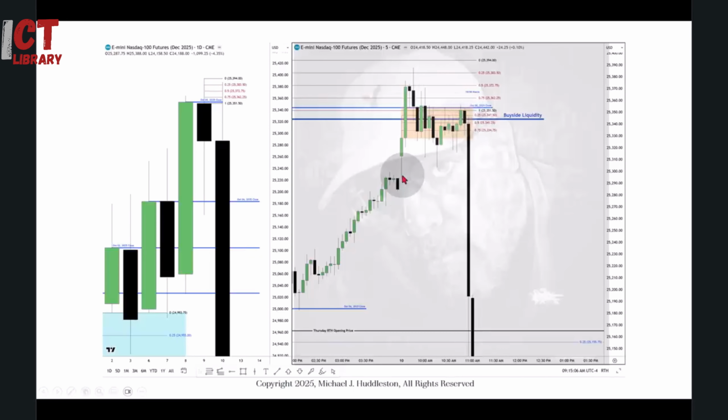Really? Inversion fair value gap. Failure to go higher. We're consolidating. And then we go into the macro, 10:50, 11:10 a.m., overlapping with London close. Look at your euro, look at your dollar index, and look at your pound dollar again.